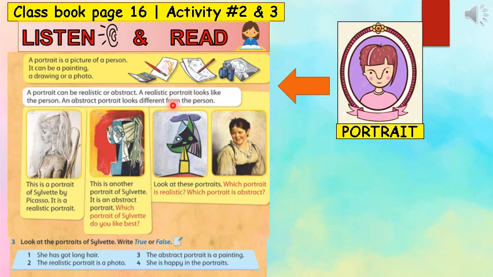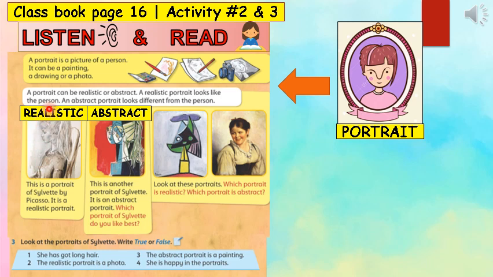Okay, super good. So, what are we going to do now? Let's look at this. We have two. We have the abstract and realistic. Remember, look at this. In this portrait, this one is a realistic. Yes, it looks like a photo.